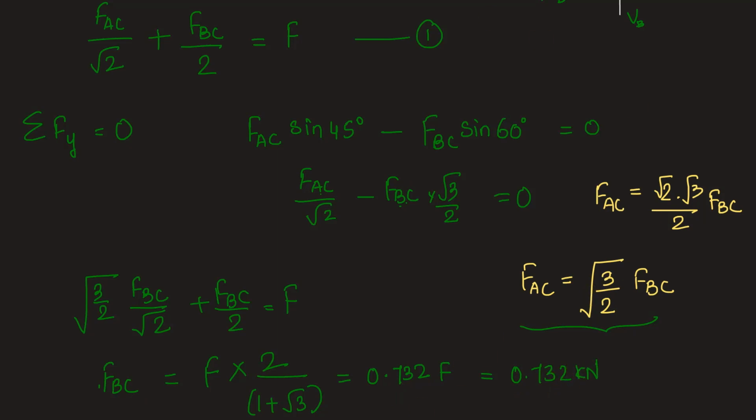Now that we have the force in member BC, we can go ahead to find out vertical reaction. At joint B, taking the free body diagram of joint B, we have three forces here. The vertical reaction VB, horizontal reaction HB, and the force in the member BC, which has turned out to be positive 0.732. So the direction that we assumed was correct.